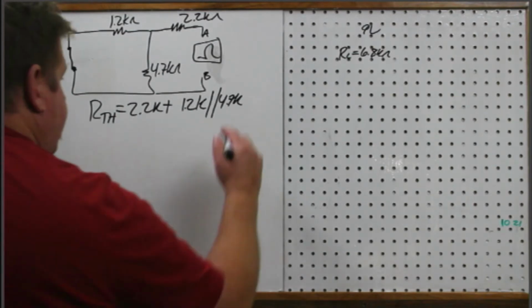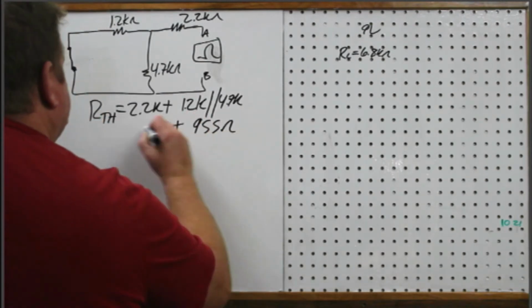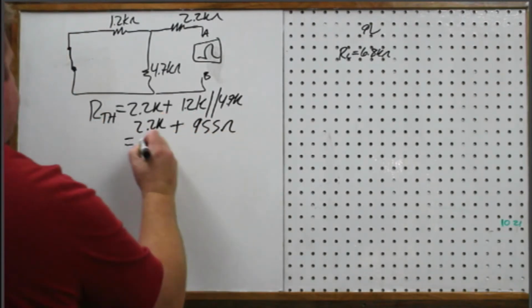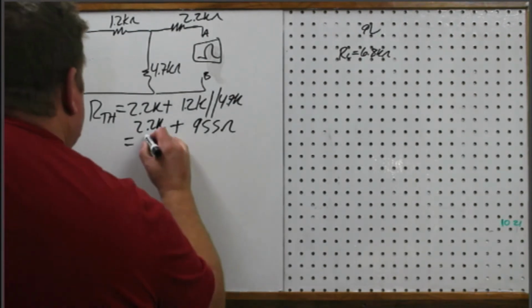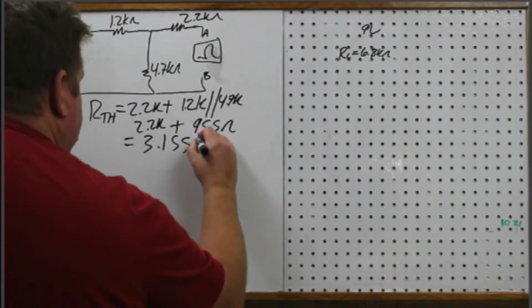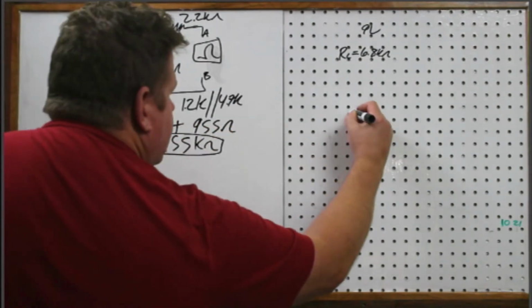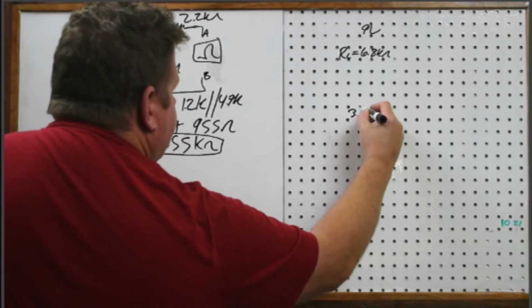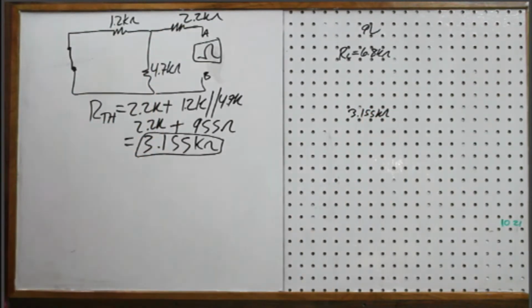I get 955 ohms. Just straight ohms. Okay, so that's going to be 2200 plus 955, and that gives me 3.16. It's actually 3.155. I might carry that through, 3.155 K ohms, just to get it more accurate, because it's right in the middle.